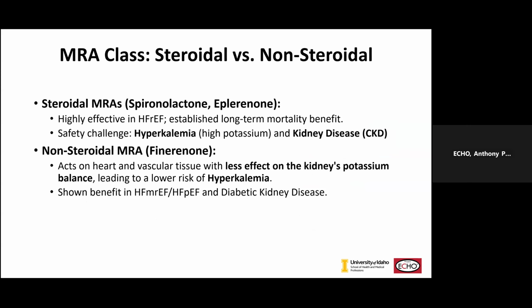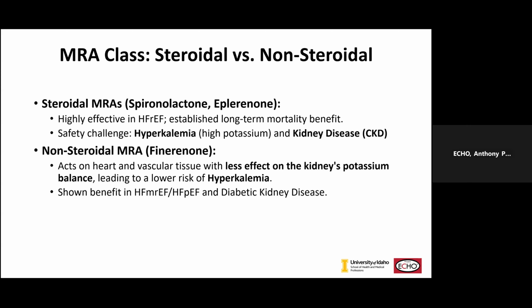The steroidal ones have a very good track record in HFrEF, which is heart failure with ejection fraction less than 40%. Really good established long-term mortality benefit. The one thing that is concerning is their risk for hyperkalemia and use in chronic kidney disease, specifically once we get down in eGFR levels of less than 30.